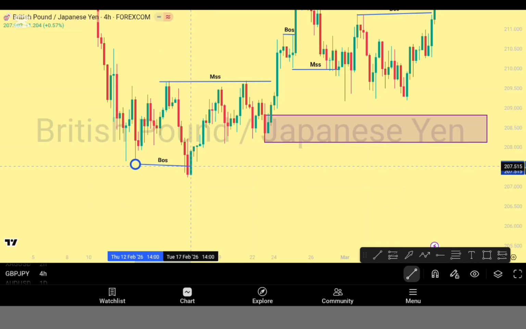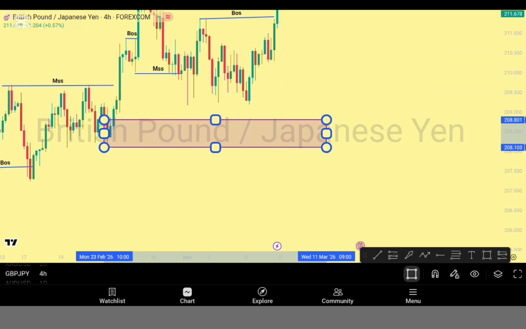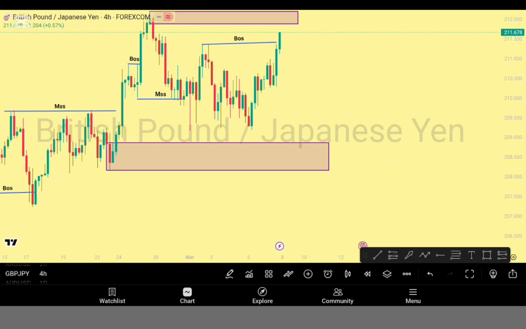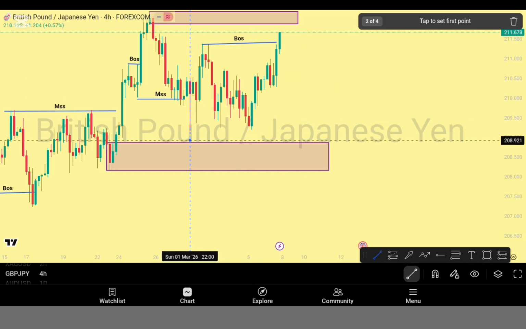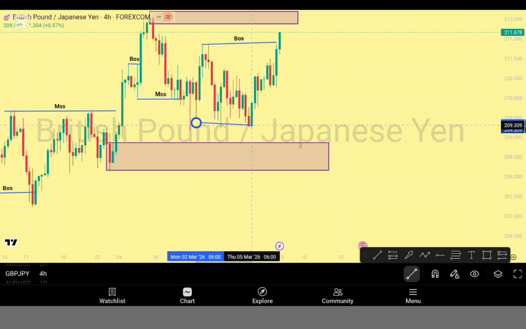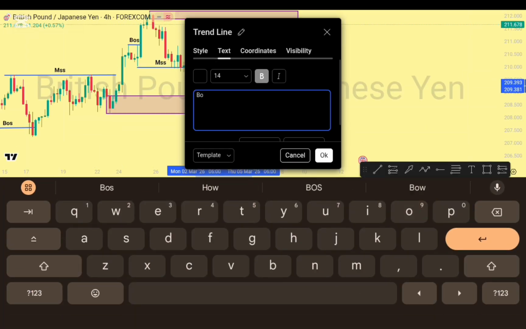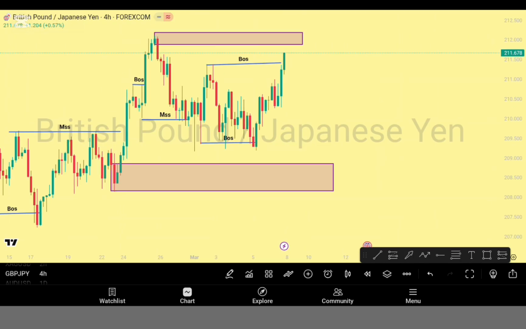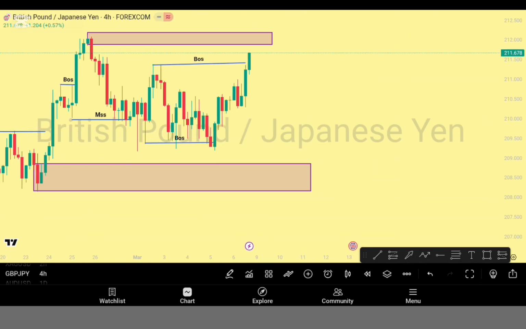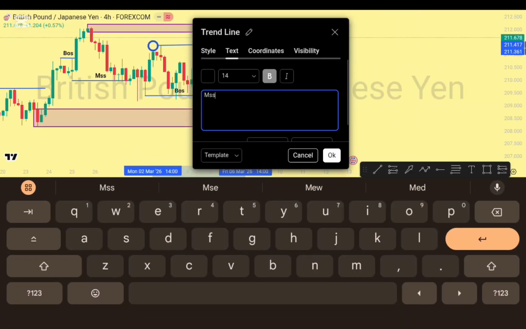You don't need to stress yourself, you just need to understand that you have to set this well. Good. So now where is the origin? This is the last order block here. This is a BOS. So if that is the BOS, then this will be a change of character again, MSS.